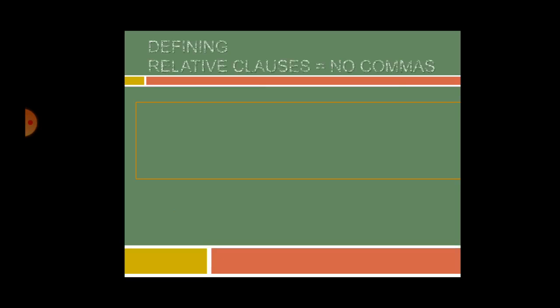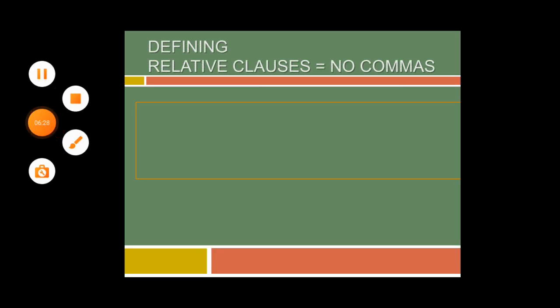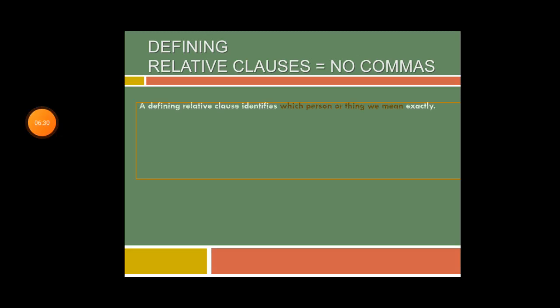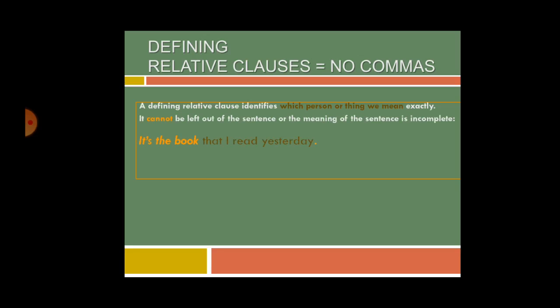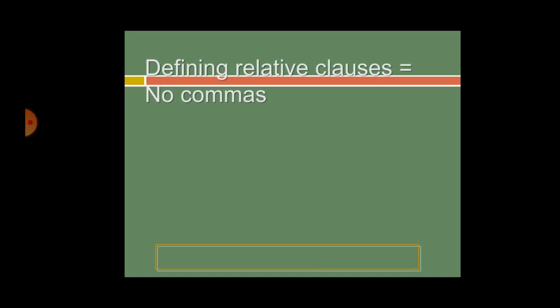Now defining relative clauses. A defining relative clause identifies which person or thing we mean exactly. It cannot be left out of the sentence or the meaning of the sentence is incomplete. "It's the book" is an incomplete sentence; it's the book that I read yesterday. Defining relative clauses have no commas.